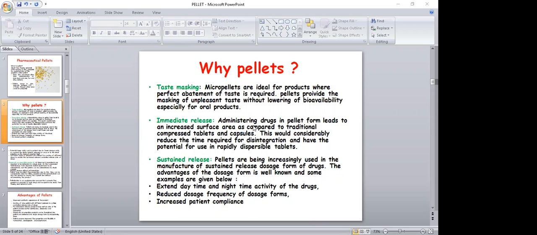As the surface area increases, the dosage form dissolves rapidly. If dissolution is faster, then the release of the drug from the pellet is faster. That means you will get immediate release from the pellet.